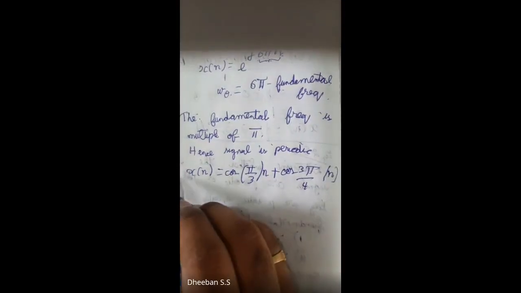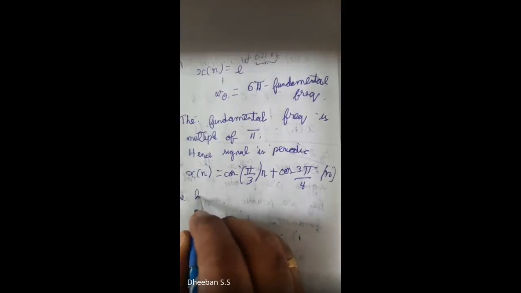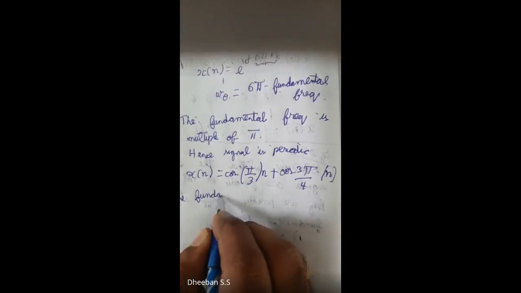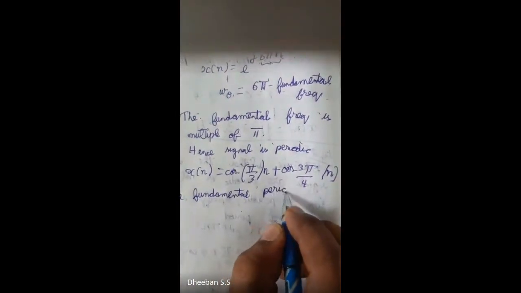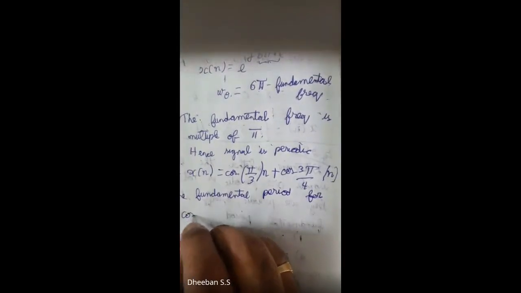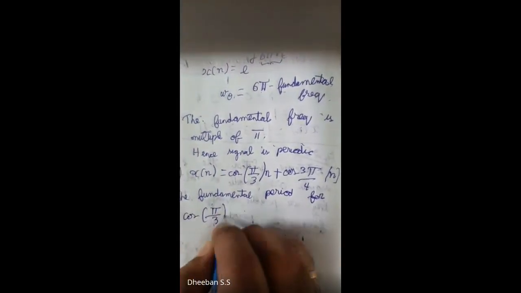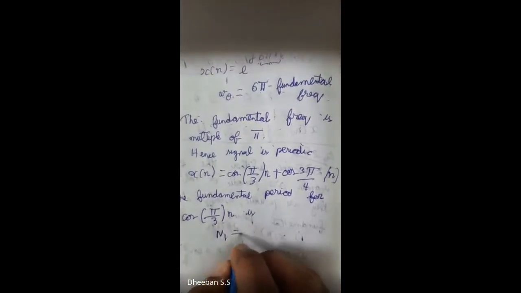The thing is, for the fundamental period for cos pi by 3 n, n1 is equal to 2 pi into m divided by this value, pi by 3.